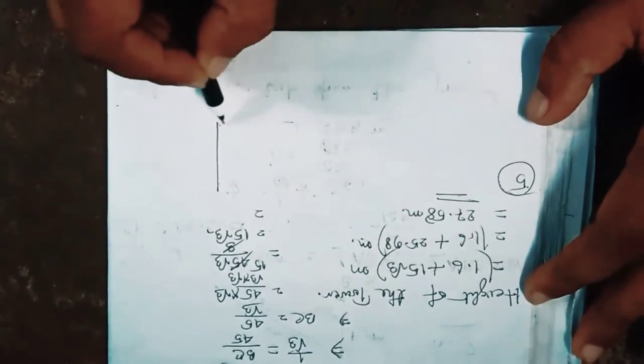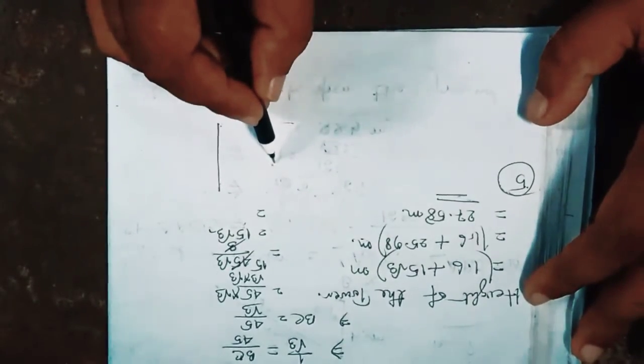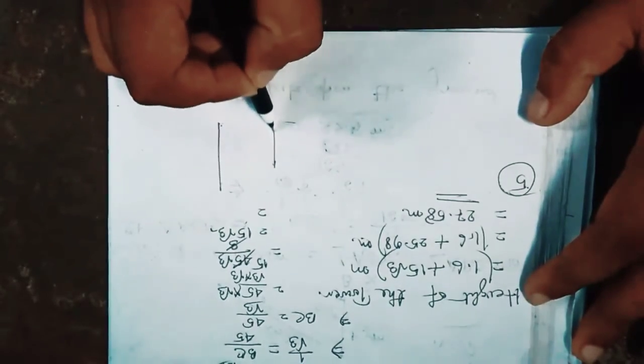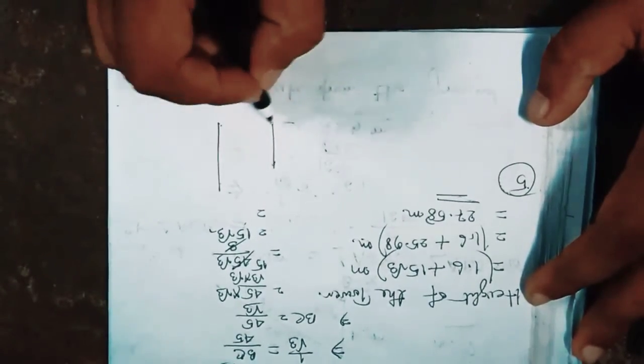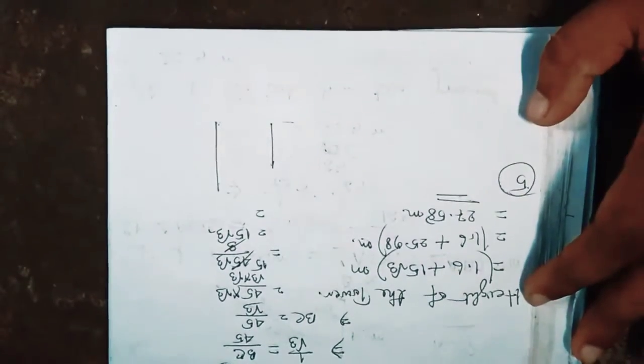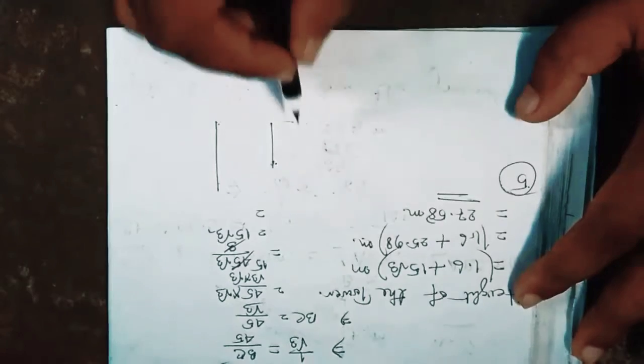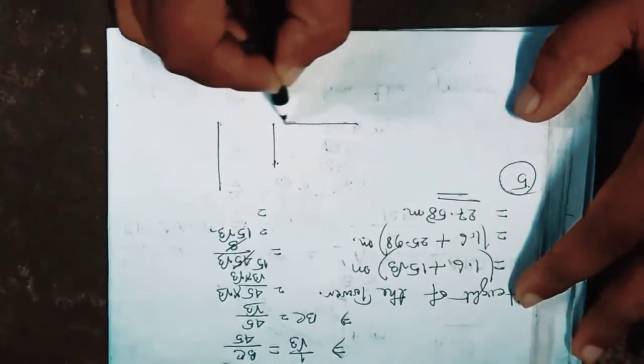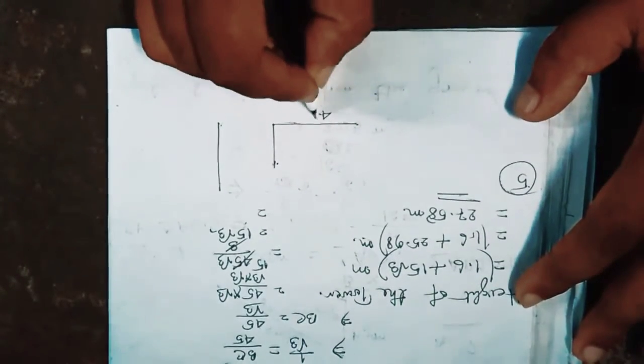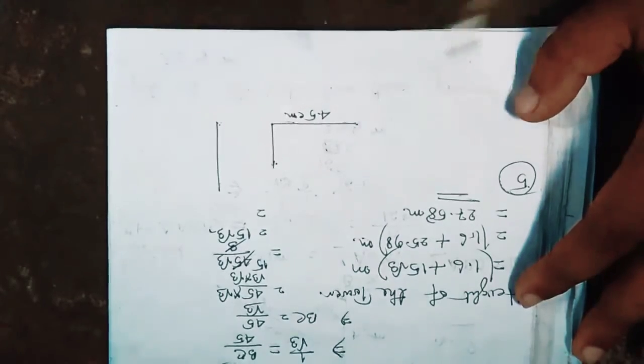From 3 meter away, a 1.5 meter tall boy casts a shadow of 4.5 meter.